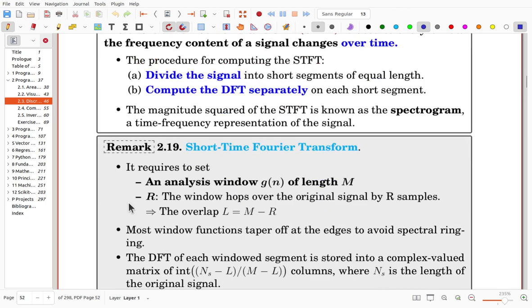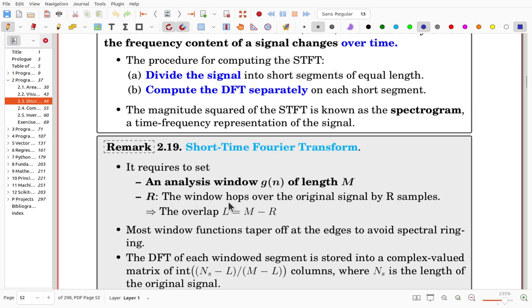The short-time Fourier transform requires us to set an analysis window G of n of length m. So you have to choose a parameter m, and also you have to select a window G. And also, you have to set a parameter r, that is a sliding length.